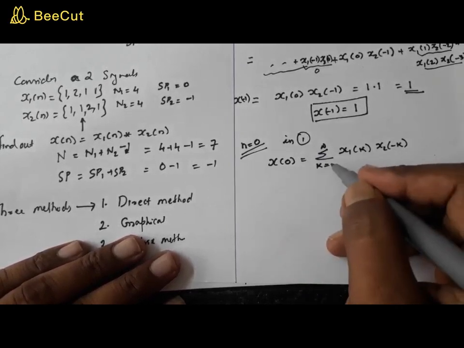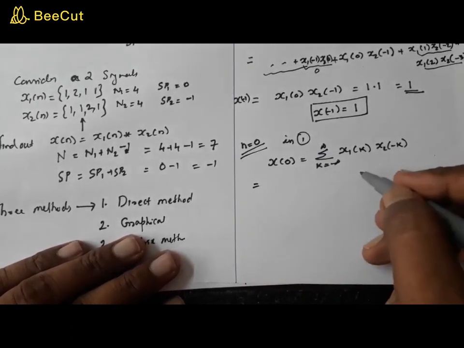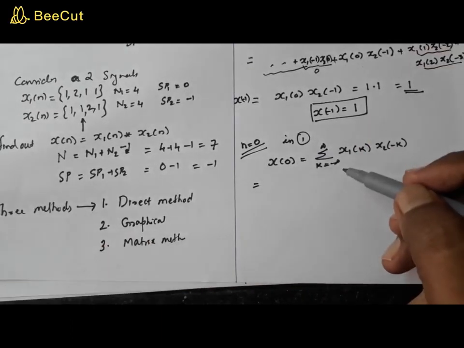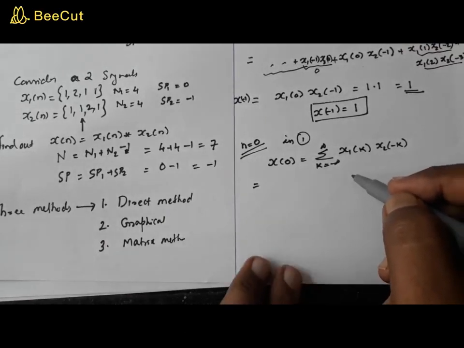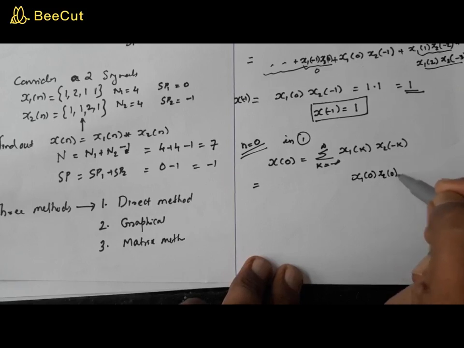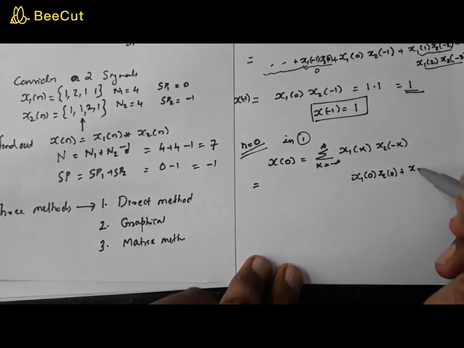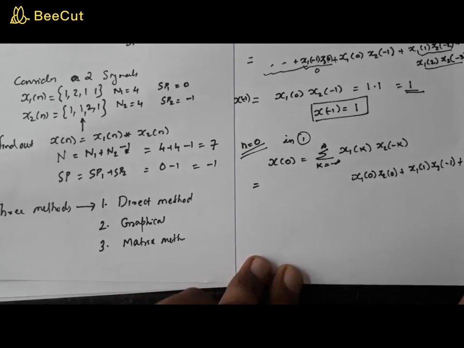Now you are going to expand just as I've shown you in the previous one. So when k is equal to 0, this becomes x1 of 0 into x2 of 0 plus x1 of 1 into x2 of minus 1 plus x1 of 2 into x2 of minus 2, and it goes on like that.